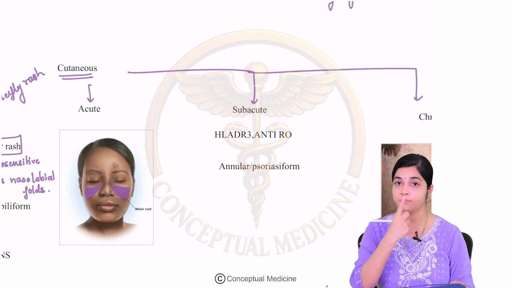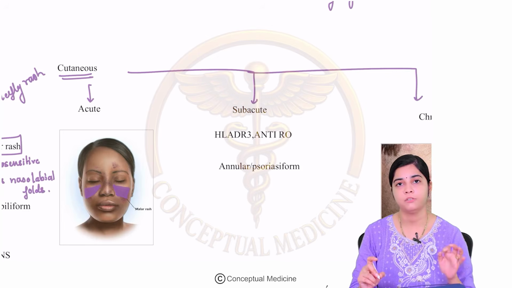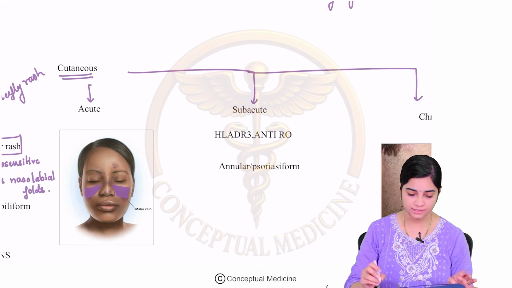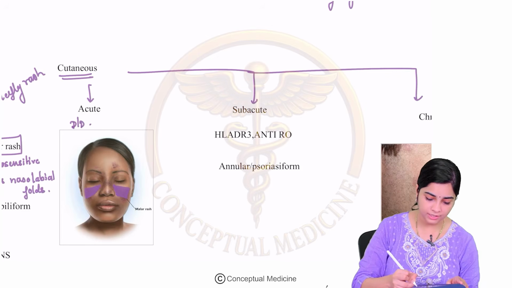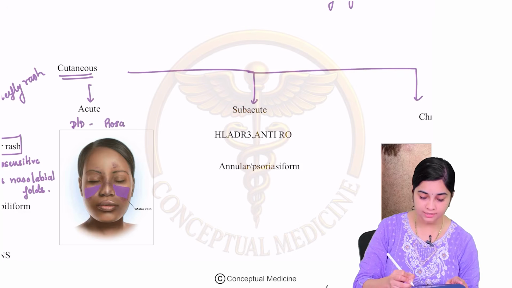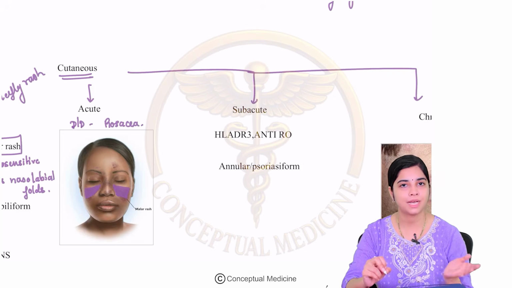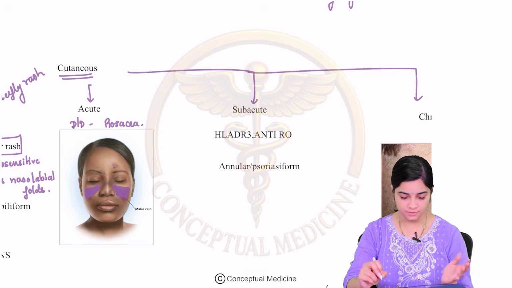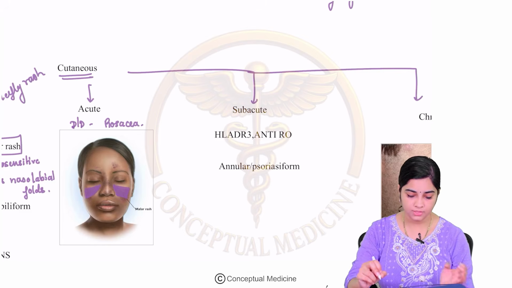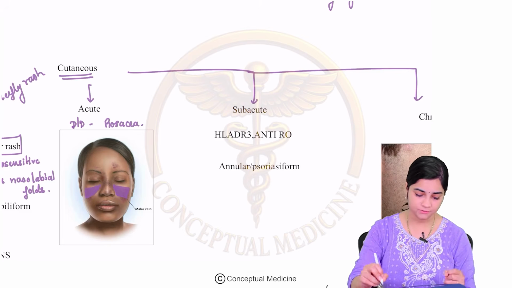So there is no involvement of the nasolabial folds in the malar rash of SLE, and an important differential diagnosis is acne rosacea. Acne rosacea will involve the nasolabial fold, whereas malar rash will not. Okay, so this is your characteristic butterfly rash of SLE.